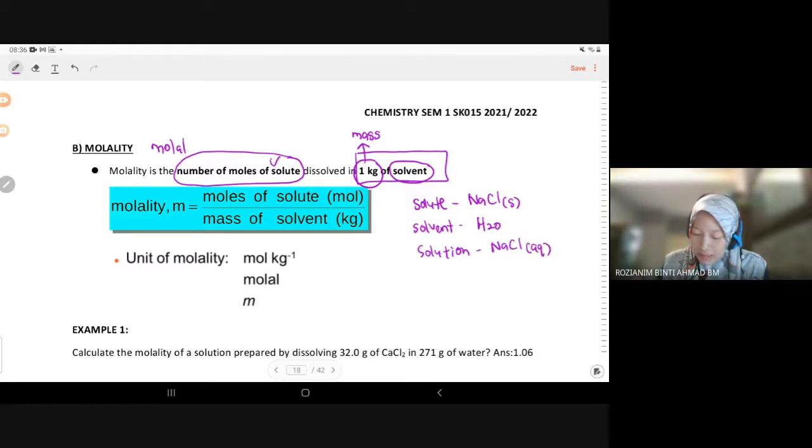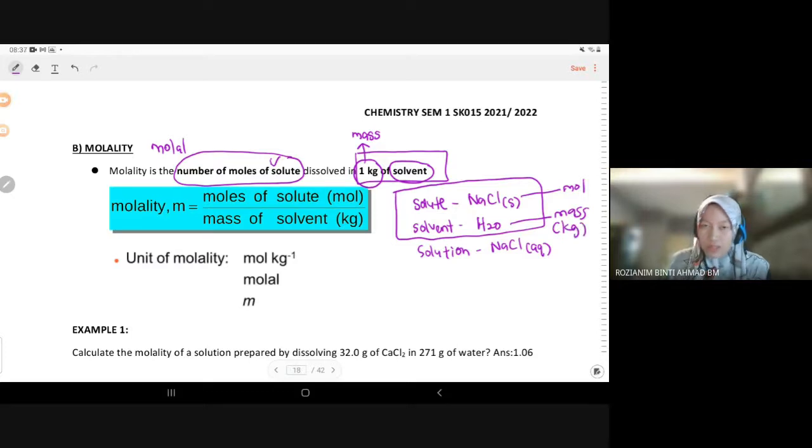So sekarang ini kalau molality, fokus dia adalah dua bahagian ini. Solute dia ukur mol, solvent dia ukur mass, tetapi dalam unit kilogram. So this is why when we substitute into the formula, the label kilogram here is compulsory. Tak tulis unit kilogram salah.